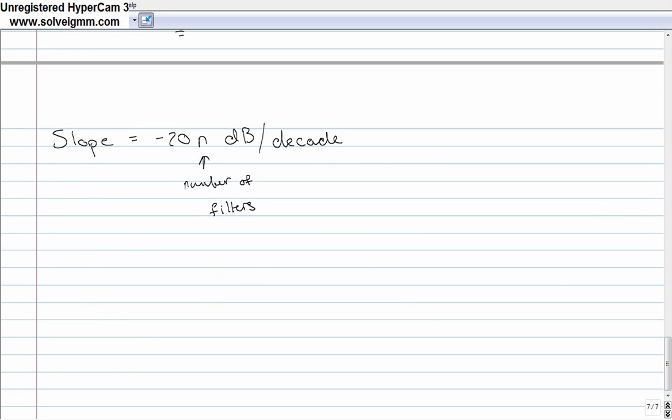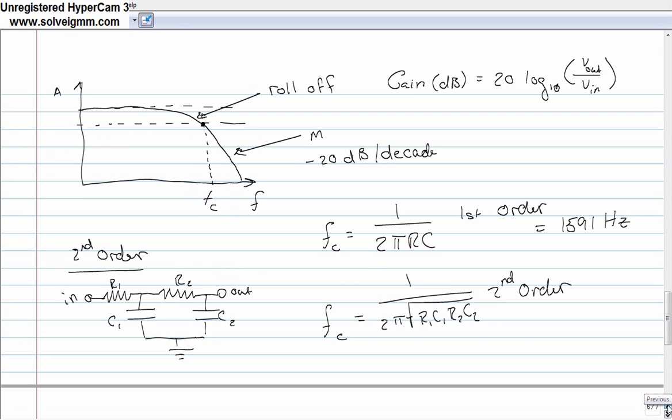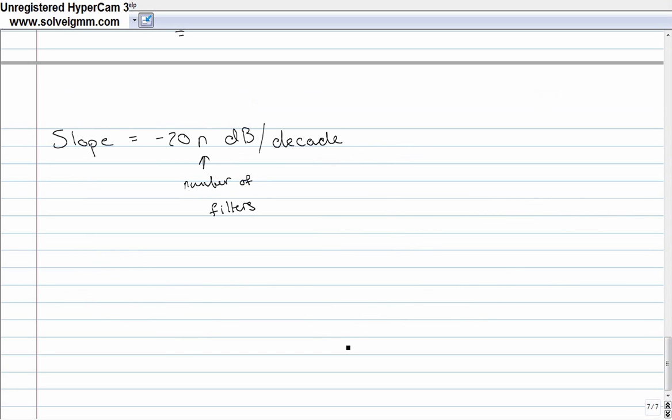Now, I'd also mentioned a while ago this point here. This occurs after the roll-off, and just at the start of this constant slope. There is a way to find out what that point is. It occurs at a specific gain. That gain is given in decibels, but I'm going to give it to you not in decibels. You know how to convert it to decibels.